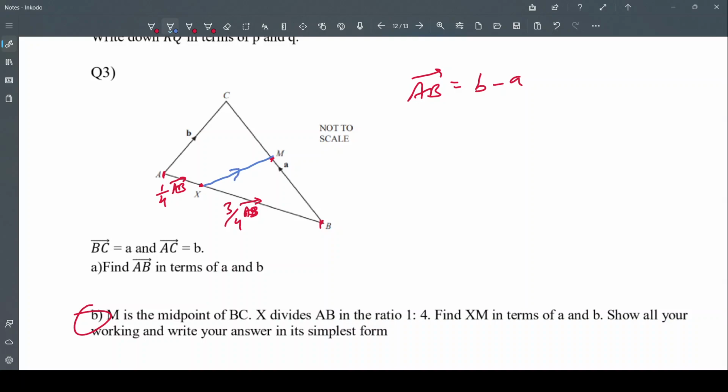If I want to go from X to M, I can take this route instead. That will be much better, I guess. I'll take this route because AB is on the same way. To find the XM vector, I need to go from XB plus BM, and M is the midpoint.